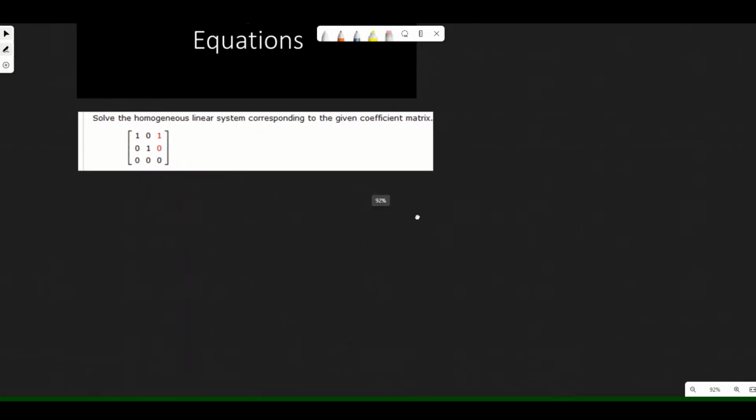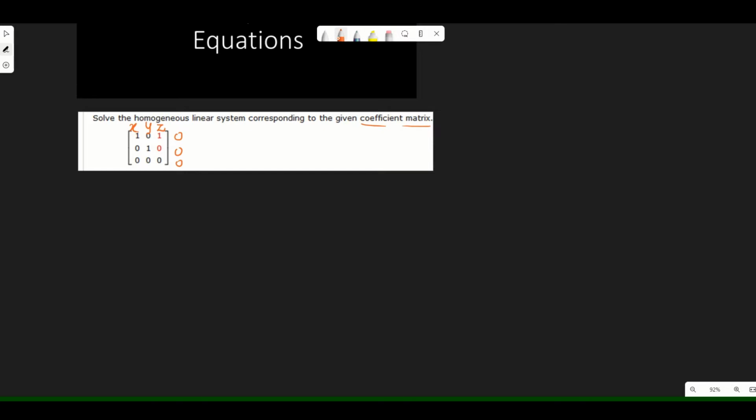Now, in order to rewrite this coefficient matrix, I know that these are the coefficients. The first column is the coefficient of x, the second one is the coefficient of y, the third one is the coefficient of z. And since it is just the coefficient matrix and it is homogeneous, you know that the constants are all 0.